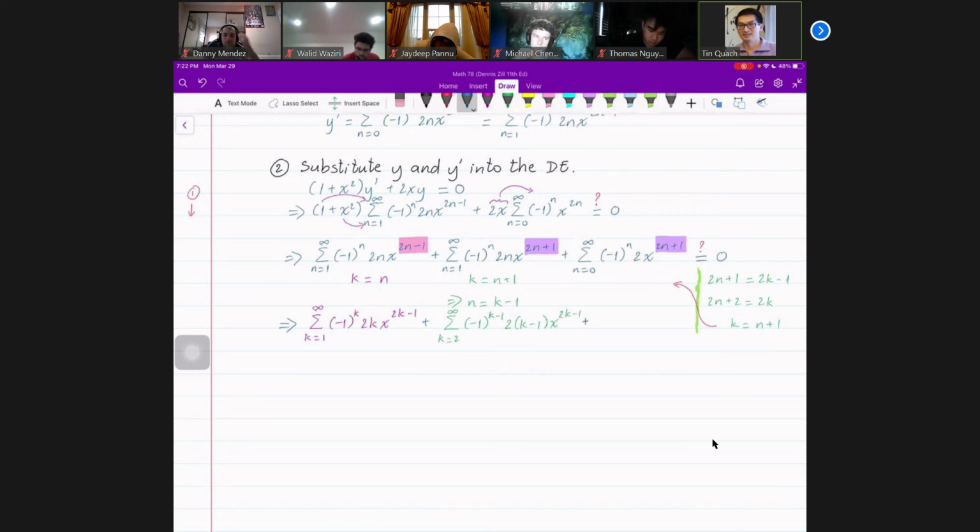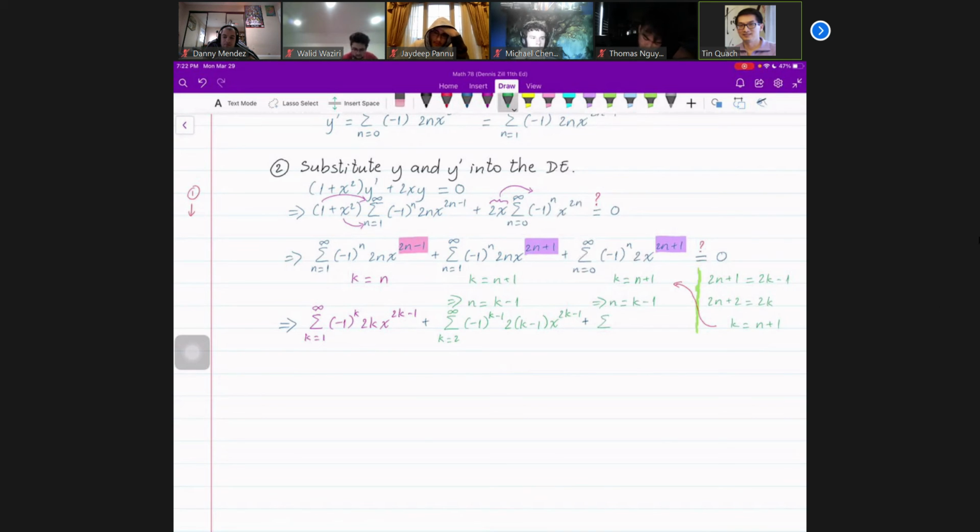All right, and the next series is the same thing. The next series, you want k to be n plus 1 also. So that means n is equal to k minus 1. So your series is going to be, not n, it's supposed to be k, right?